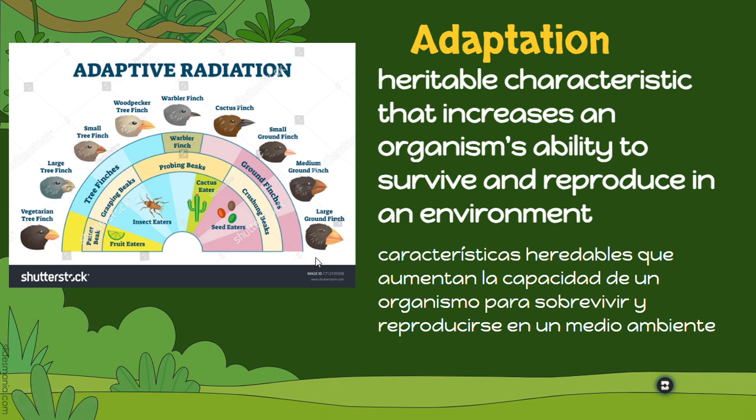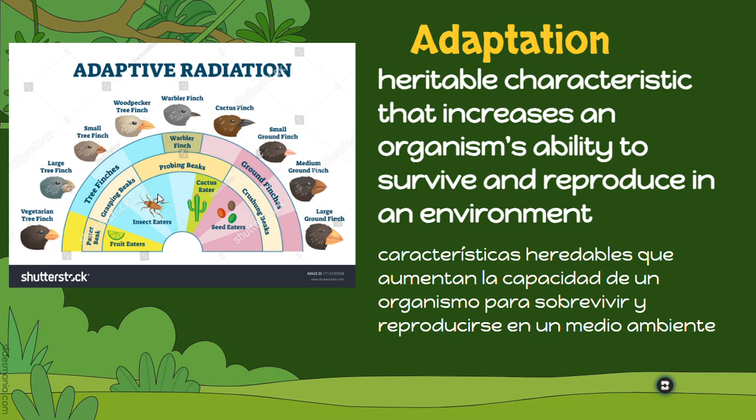So here are several examples of different finches. We have a large ground finch, the medium ground finch, and the small ground finch. All of these finches have beaks that are adapted for eating seeds. So their beaks are crushing beaks. Here we have the cactus finch, a warbler finch, and a woodpecker tree finch.